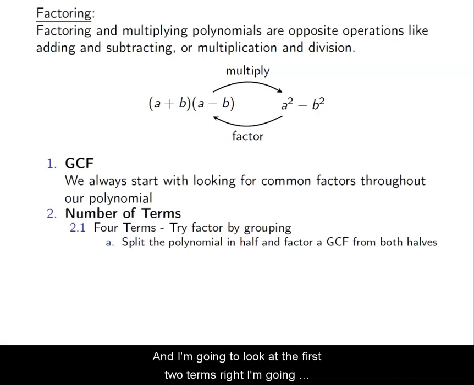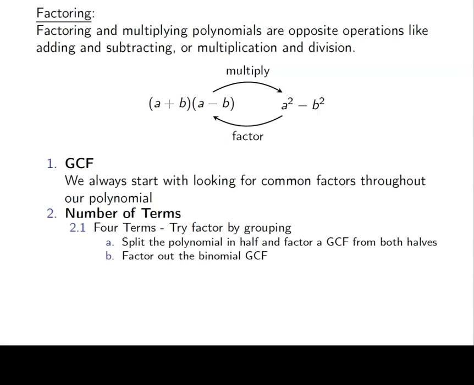After I split it in half, I'm going to factor out a GCF from both of the halves. I look at the first 2 terms as a binomial, and I try to factor a GCF out of it. On the right half, I consider that as another binomial, and I try to factor out another GCF. I should be left with a common binomial term, the same binomial on both the left and right side.